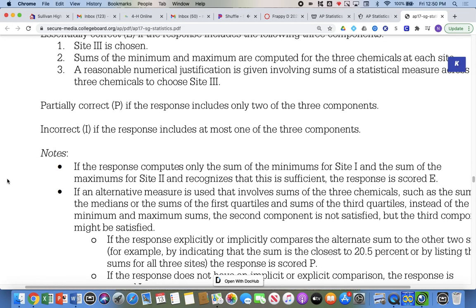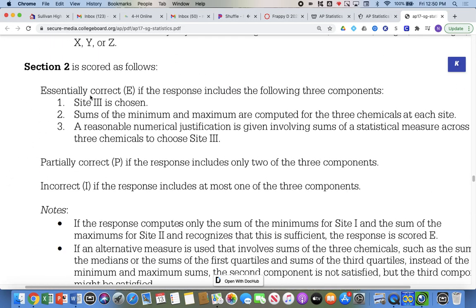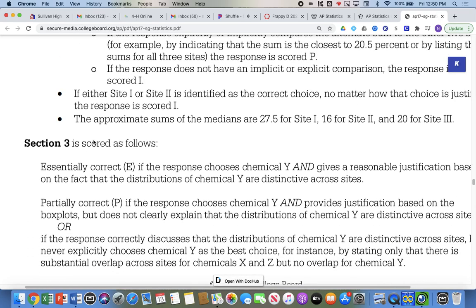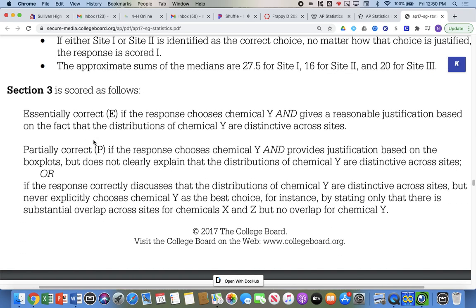All right, and if you can see for section 2, you get an essentially correct, an E, if you choose chemical Y and give a reason, partially correct, a P, if you pick Y and don't say why, and then you get an I if you have anything else.